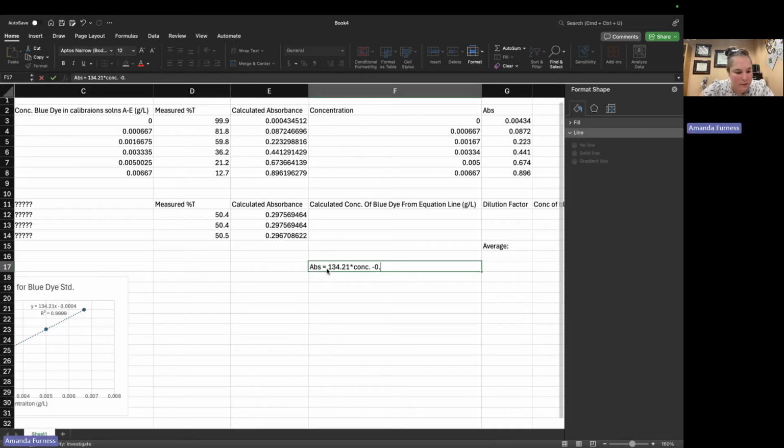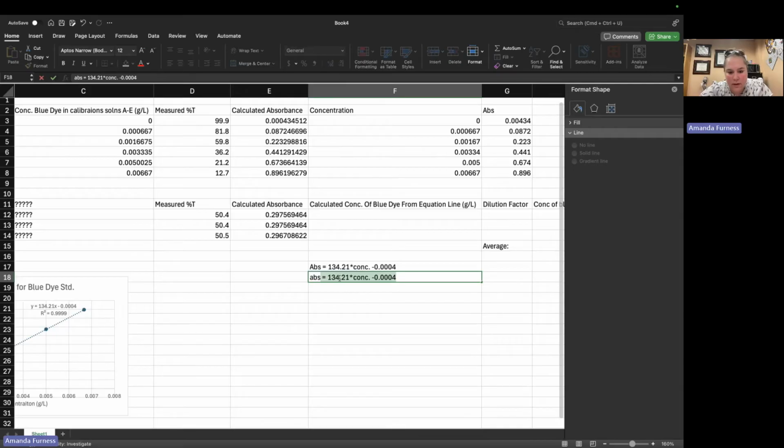So it could be a negative b, which is fine. 0.0004. Okay, I can use this formula to rearrange it to solve for x. This time I know absorbance. I determined it experimentally by using the UV vis, so I can rearrange this equation to solve for x, or in this case, concentration.